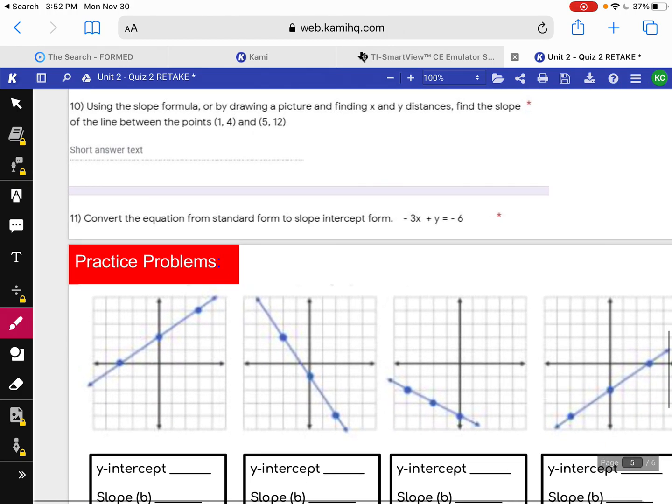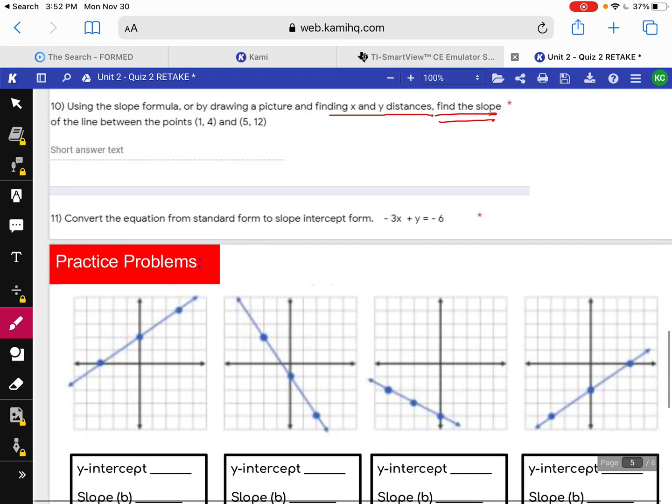Number 10. Use the slope formula or draw a picture to find the distance between x and y, or in different terms, to find the slope. Now here you would have thought of y sub 2 minus y sub 1 over x sub 2 minus x sub 1.